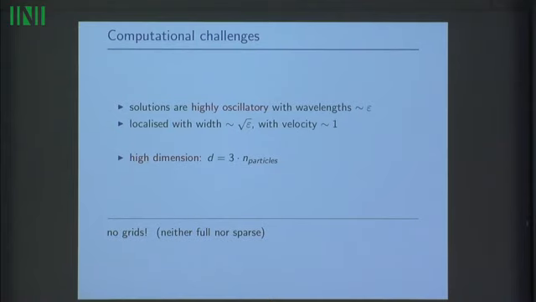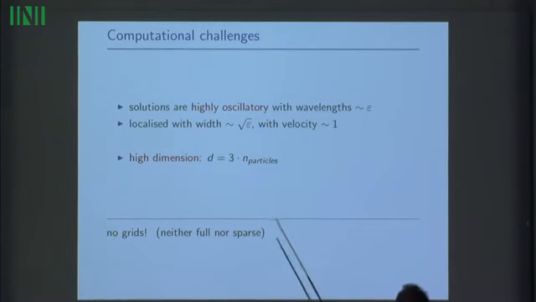That would be the absolute value of the wave function. But in here you have high oscillations with a wavelength epsilon. And that, of course, makes this problem challenging, because high oscillations and high dimensions don't go well together.